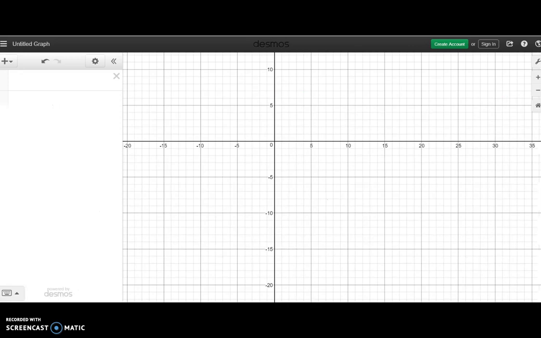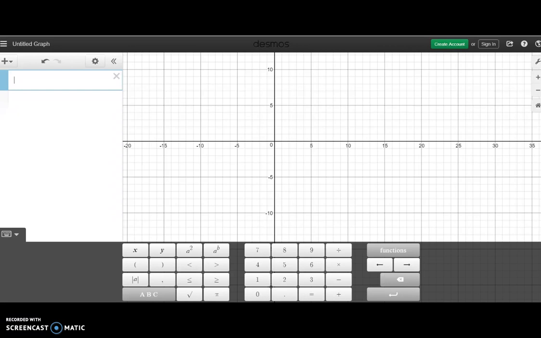Okay guys, so I just switched to a new window. I'm on www.desmos.com, which is a graphing calculator on the web, and I'm going to graph x squared minus 16x plus 67.